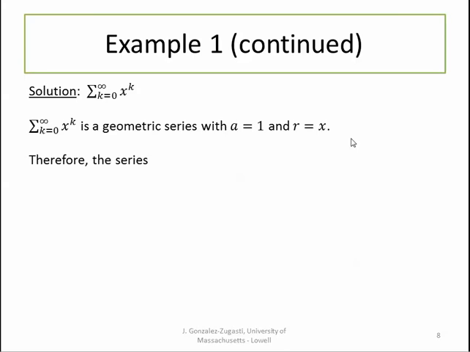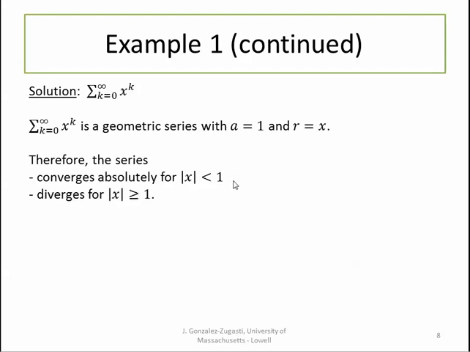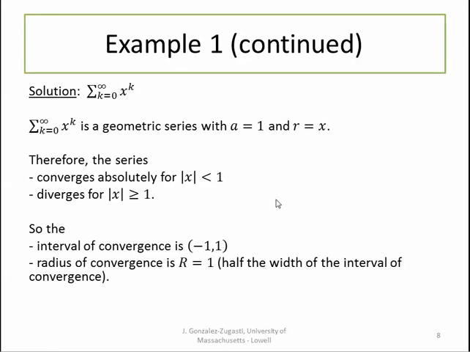So we know that the series converges absolutely when the absolute value of x is less than 1, and we know that it diverges when the absolute value of x is greater than or equal to 1. So we have that the interval of convergence is from -1 to 1, and that the radius of convergence is equal to 1. That's just, you take half of the width of this interval.